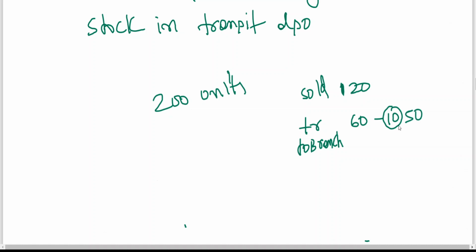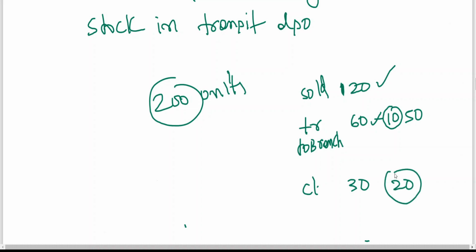Now I am treating it so: 200 minus 120 minus 50, how much is it coming to? 200 minus 120 is 80, minus 50, closing stock 30. Actually if I say 200 units minus 120 minus 60, that is 180, I'll have closing stock of 20. If I treat this 60 as sales, then my closing stock is 20. Since I am deducting 10 units from goods sent to branch, now my stock is 50.